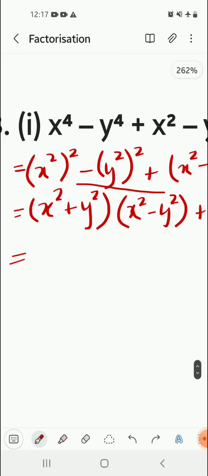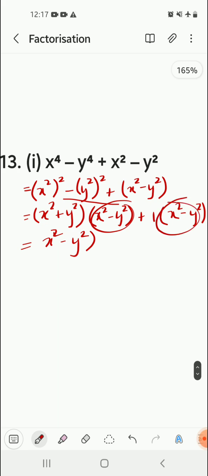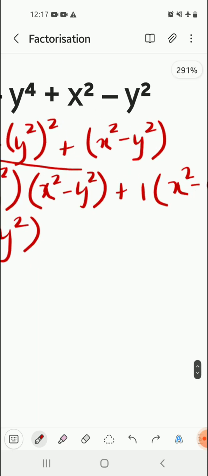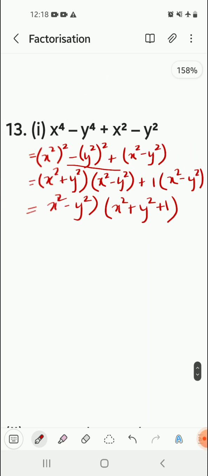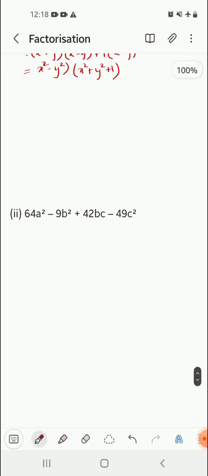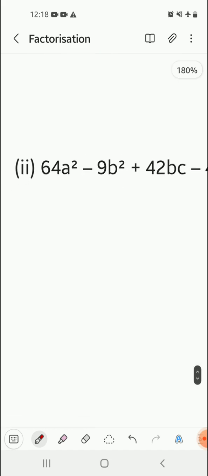So these are common, so we are going to write x square minus y square together, because out of these two we only write one and these two will get combined. So we are going to write x square plus y square plus 1. Moving on, 64a square and plus 9.